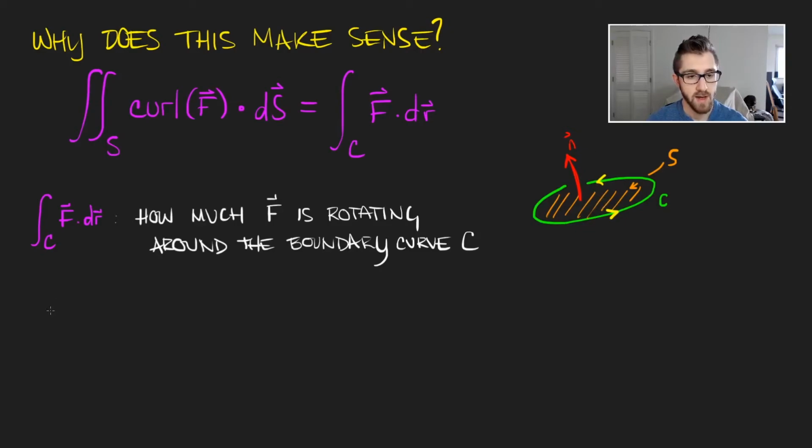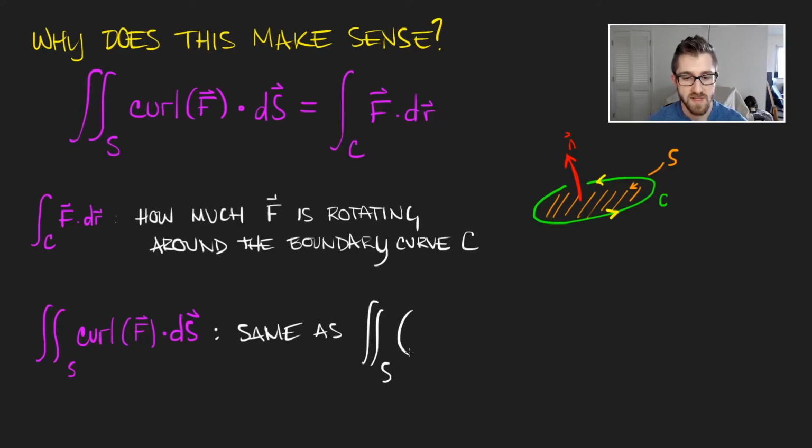Now, on the other hand, this flux integral of the curl, remember that we can interpret a flux integral as a scalar surface integral over the surface of the vector field that we're finding the flux of, which in this case is the curl, dotted with the unit normal vector. Now, remember that we've been thinking of the curl of a three-dimensional vector field as a vector that points in the direction of the axis of rotation of that vector field.